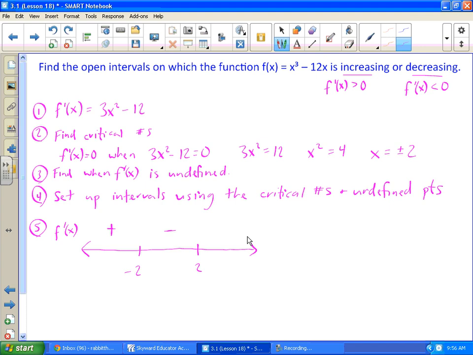What if I plug in +3? Positive also, right? We don't include -2 and 2, because at -2 and 2, it's 0, isn't it? So that's where I would have my horizontal tangents, okay?